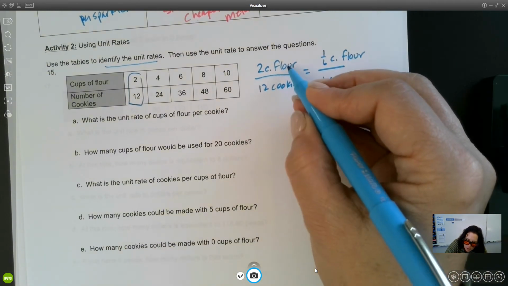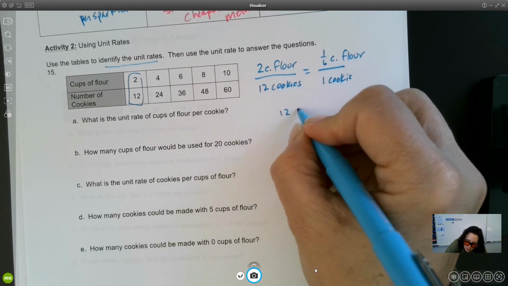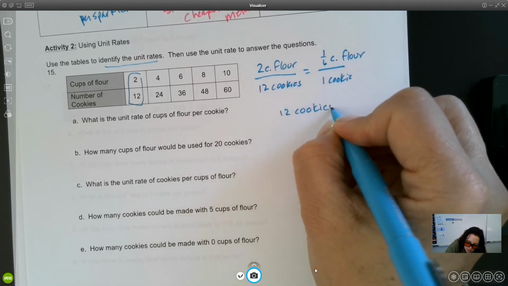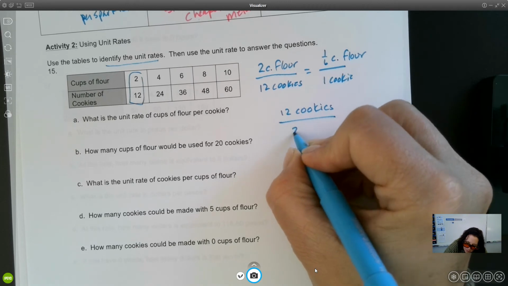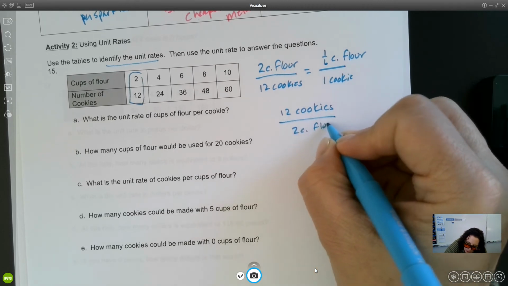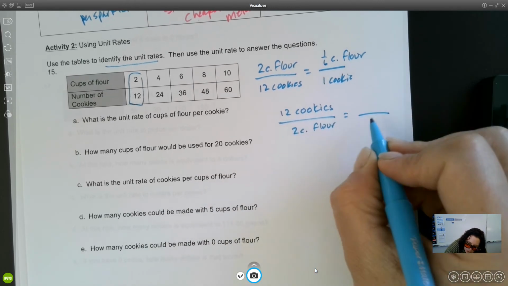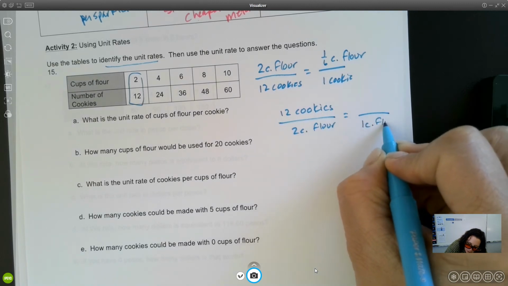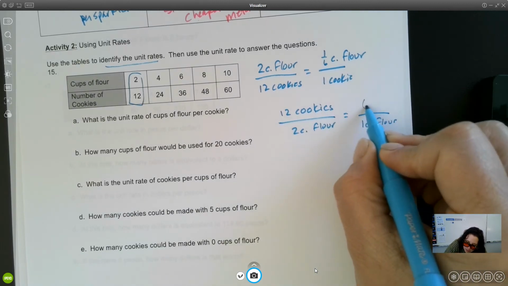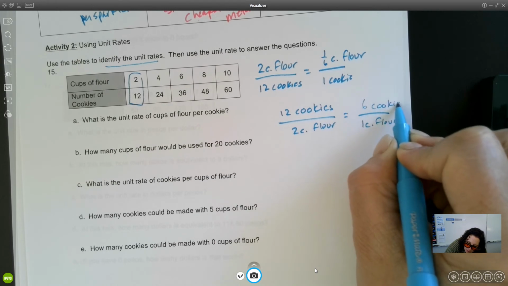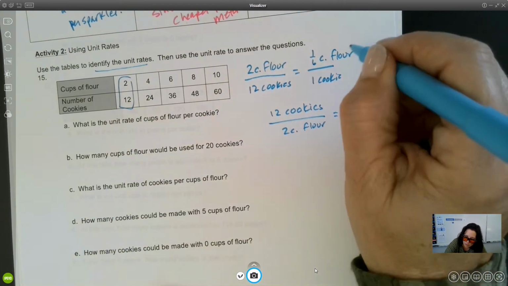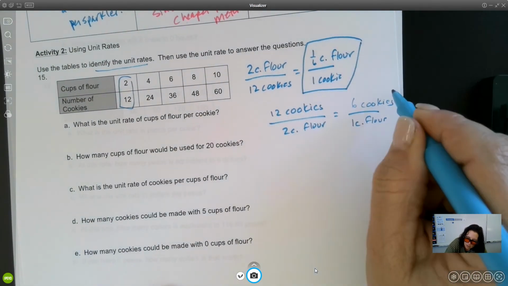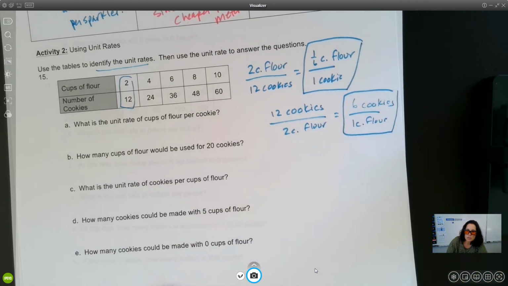If I flip these around to find the other unit rate, 12 cookies for 2 cups of flour, how many cookies for 1 cup of flour? I'd have 6 cookies. So here is one of my unit rates and here is my other unit rate.